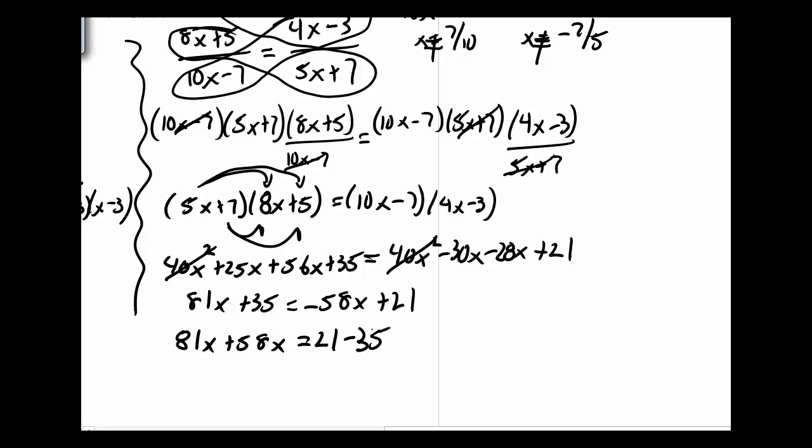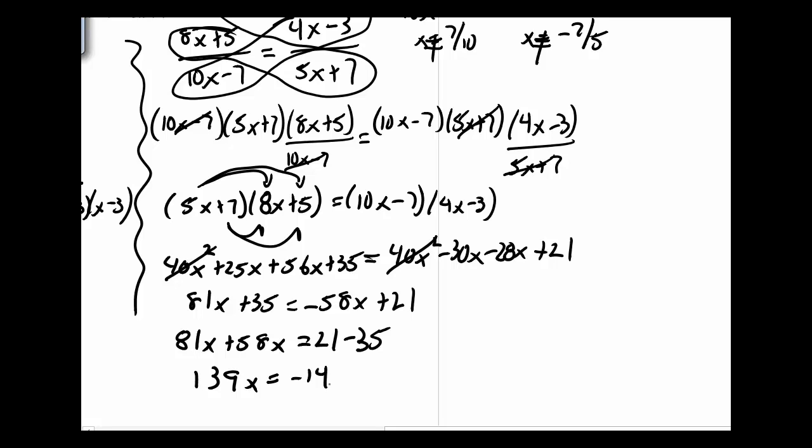I think that will speed up some of us that are thinking, man, it's just being way too detailed. Then I need to figure out what 81 plus 58 is, and it's okay if you want to grab a calculator for that. That is 139x. And then 21 minus 35 is negative 14.